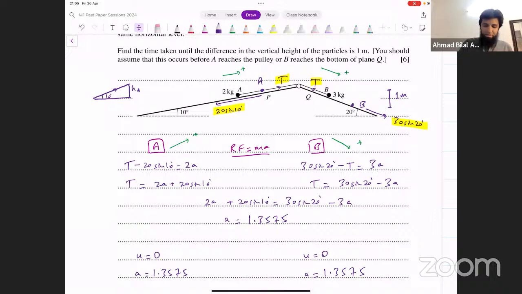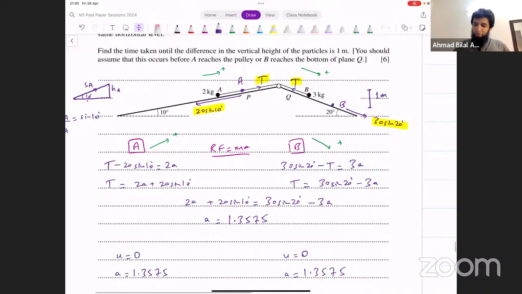This is the displacement by A, SA, where S is the displacement along the plane and H is the vertical height. Perpendicular over hypotenuse, HA over SA equals sine of 10.